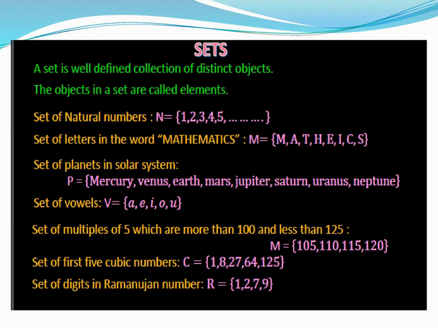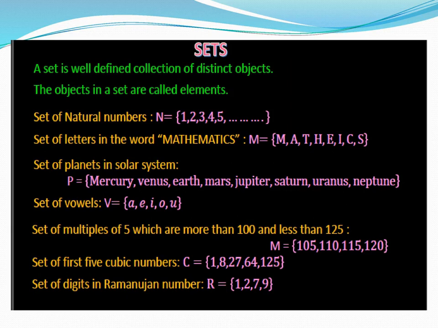Now we check another example. The set of letters in the word mathematics. Then you write M equal to the set of M, A, T, and also H and E. We don't write M again because M is repeated 2 times. We can write an element only once.